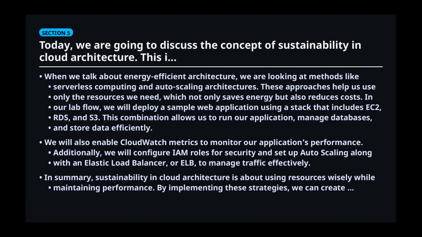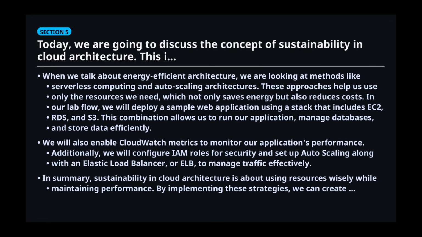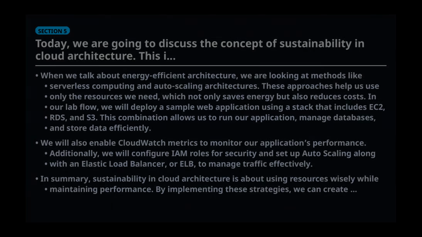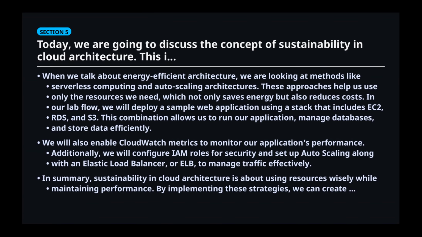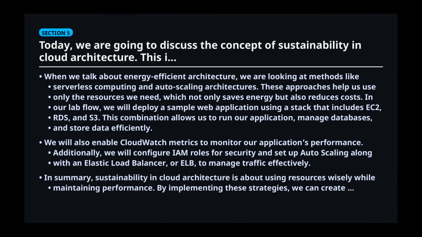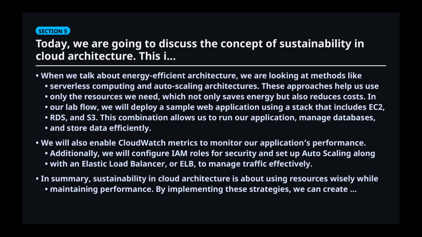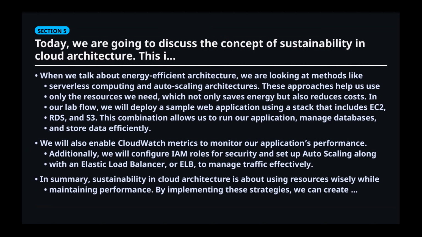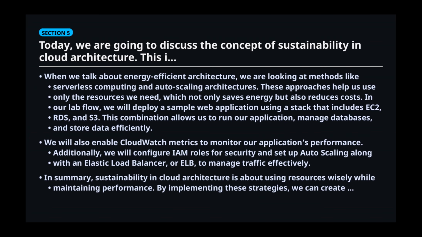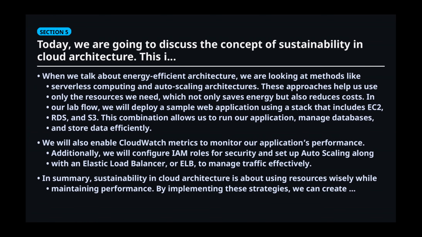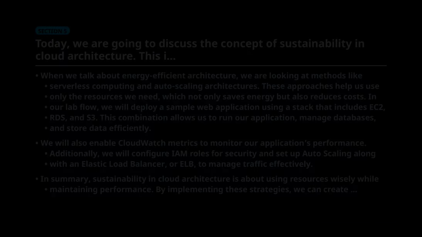In our lab flow, we will deploy a sample web application using a stack that includes EC2, RDS, and S3. This combination allows us to run our application, manage databases, and store data efficiently. We will also enable CloudWatch metrics to monitor our application's performance.